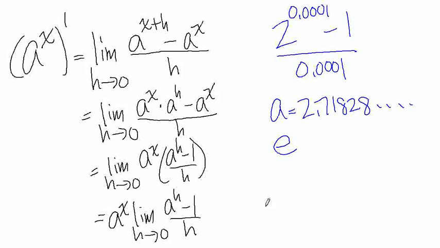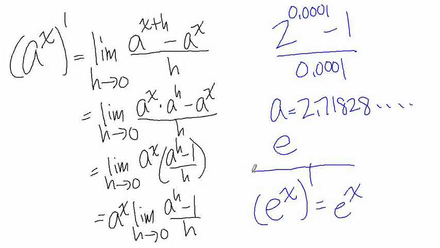In other words, the derivative of e to the x is equal to e to the x. It's only true for this specific value of a. That's an important result. The derivative of the exponential function is the exponential function.